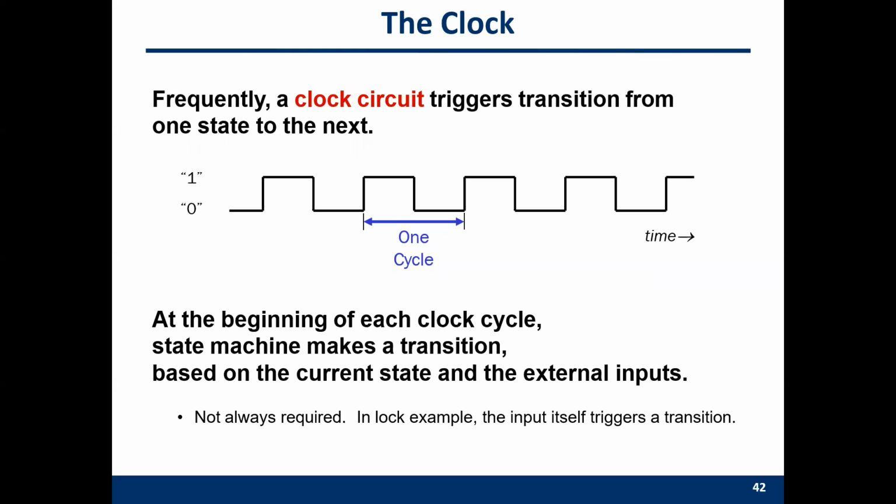So at the beginning of this edge of a clock, the state machine makes a transition based on the input and the current state.